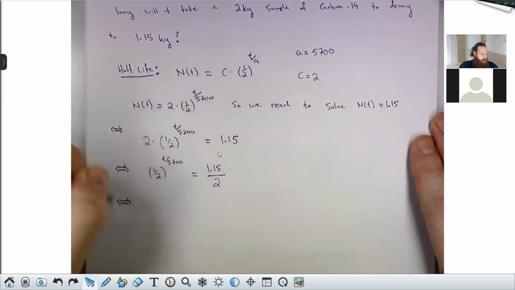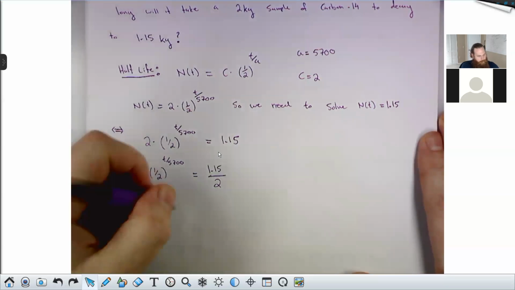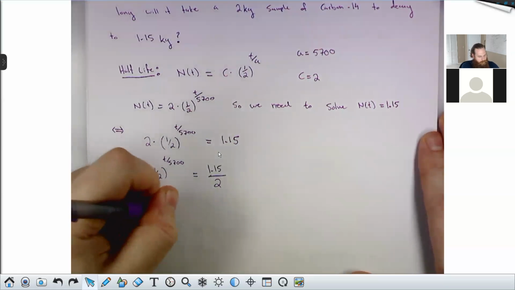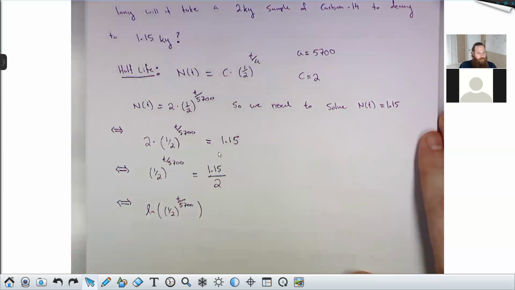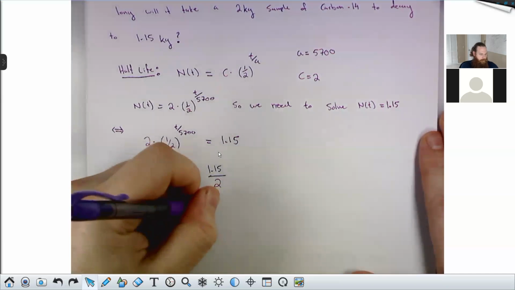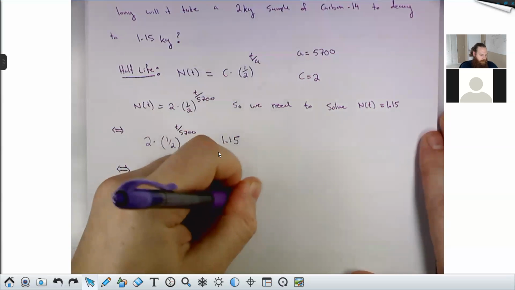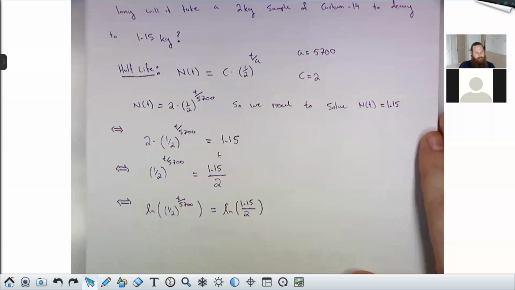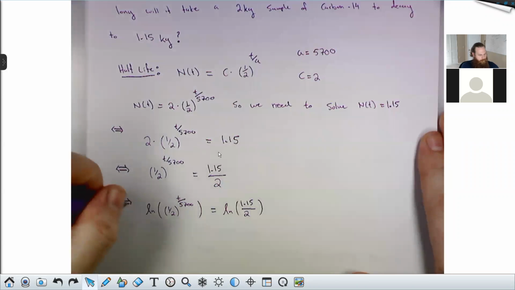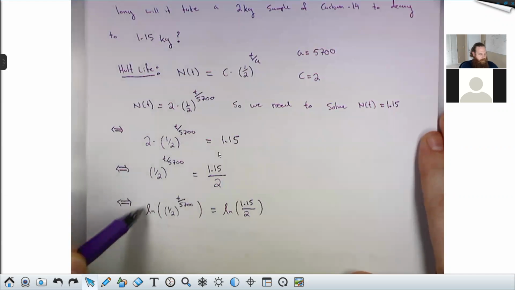And the most natural thing to do, sorry for the pun, is to take the ln of both sides, the natural log. So there's the natural log of the left, and it's equal to the natural log of the right. Now, just like in the previous example, the power which contains my variable can be brought down in front.